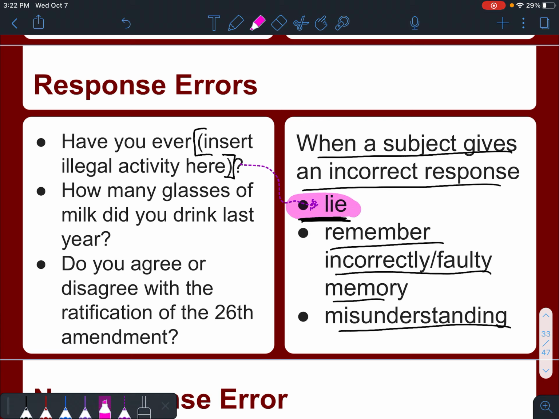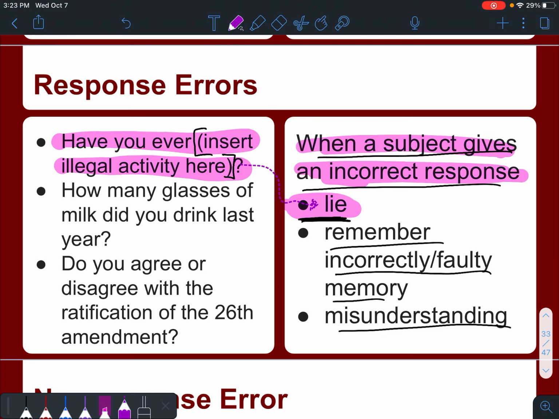Now, there are ways to get that information without having oneself be known, so it could remain anonymous. But if you got the old clipboard out and you're asking people, hey, have you ever done this illegal activity? You're probably going to get some sort of response error.